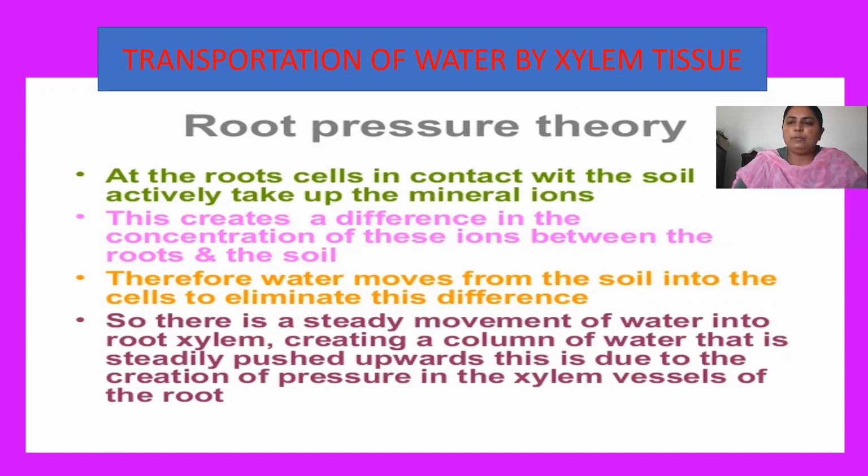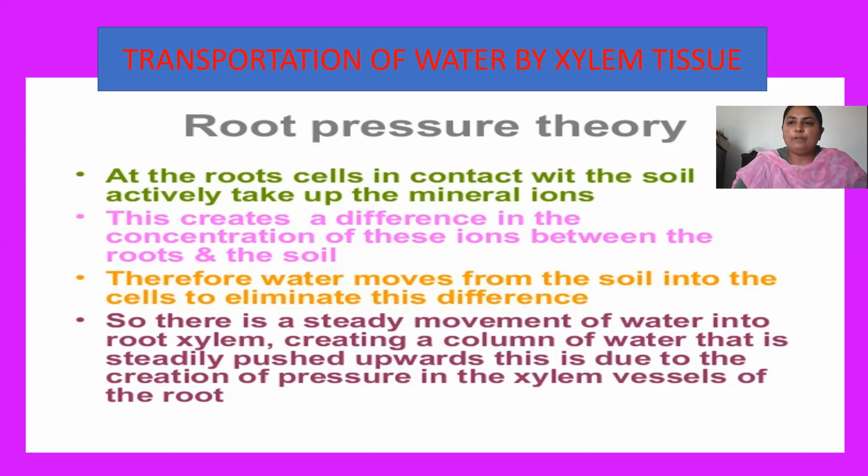As a result, what happens? These minerals, which are taken up by the root cells, accumulate in the first cell of the root, and as a result, a concentration gradient is established.